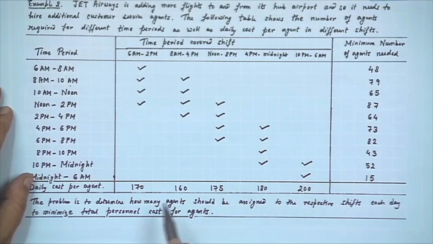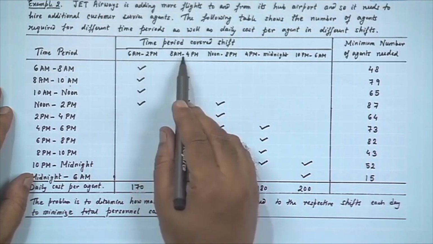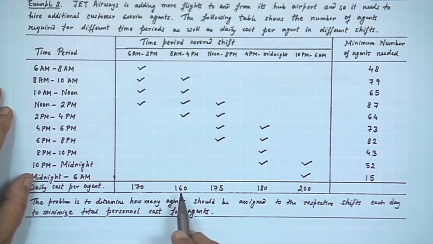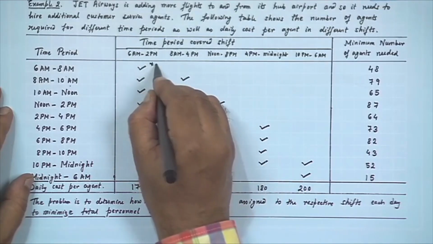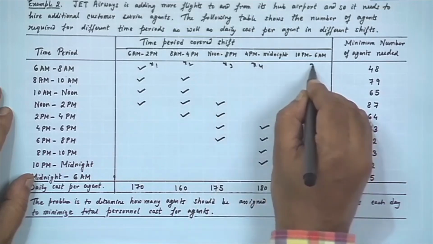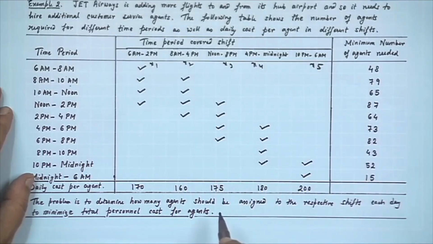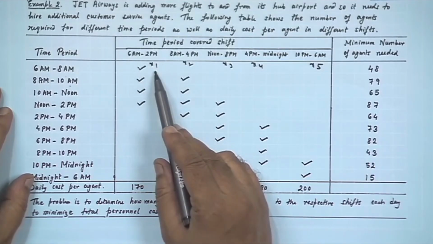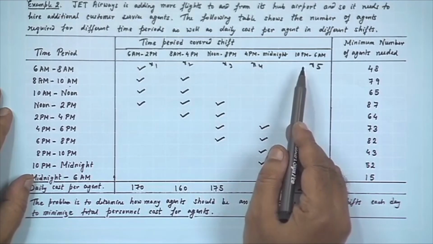Therefore, for each of the shifts, we have 1, 2, 3, 4, 5, so I consider 5 variables: this is x1, this is x2, this is x3, this is x4 and this is x5. Suppose the number of agents required in 6 a.m. to 2 p.m. is x1, like this way, others also.